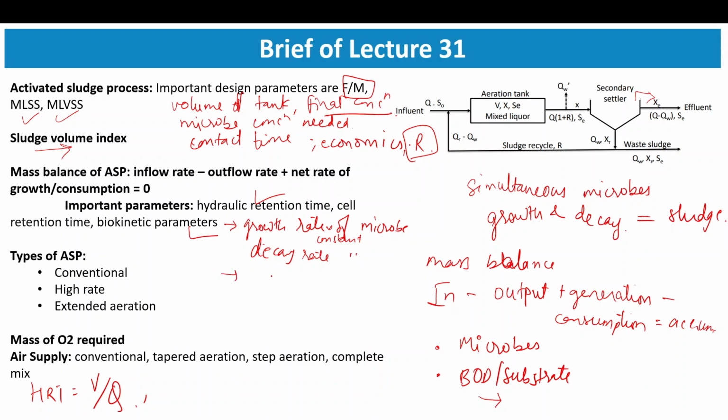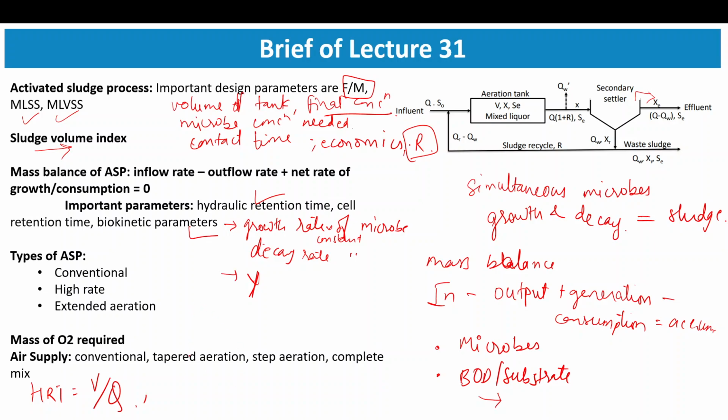Then for unit conversion of BOD to CO2, what is the amount of microbes needed, or yield factor Y. So such parameters are needed, which can be derived from lab scale experiments. So this is how, by providing this data, you can calculate hydraulic retention time or microbe retention time by doing mass balance. Okay.